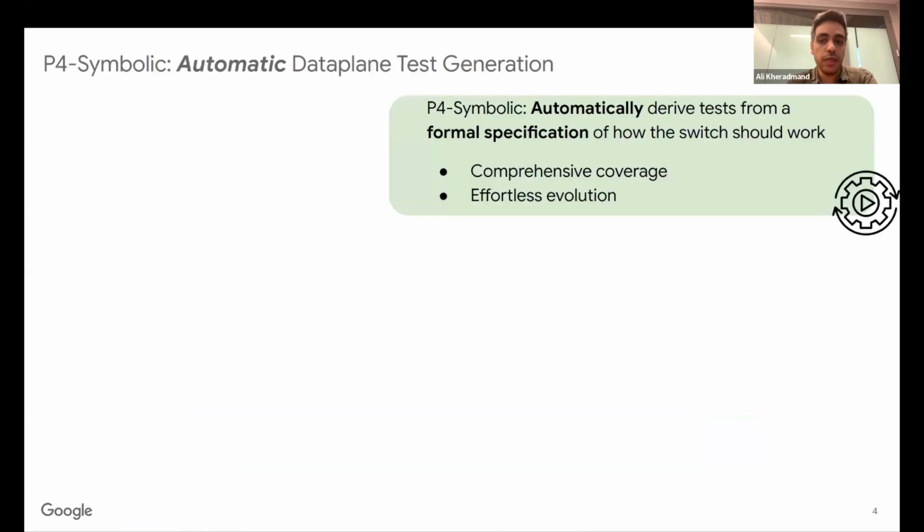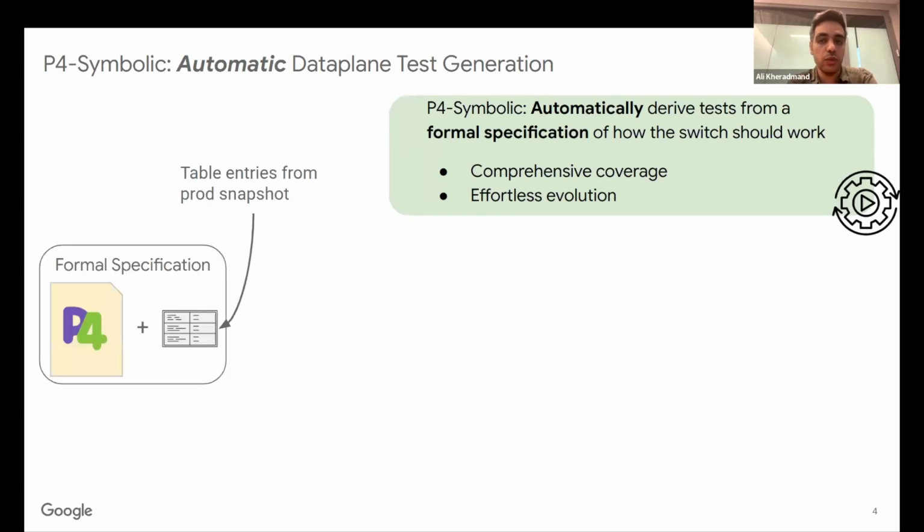Concretely, P4 Symbolic derives a set of test packets from a formal specification of how the switch should work. And the benefit of that is that this way we get guaranteed comprehensive coverage automatically. And if the specification changes, we can effortlessly regenerate the tests. So we use P4 as the specification language of how the switch should work.